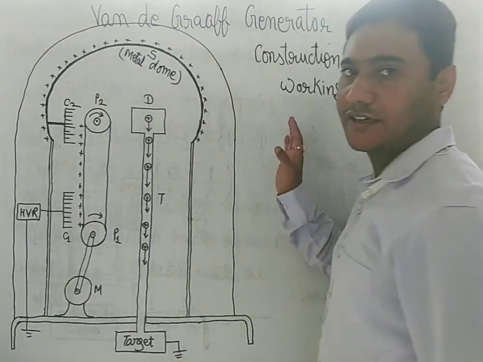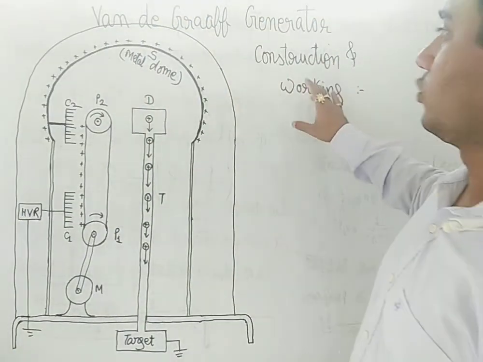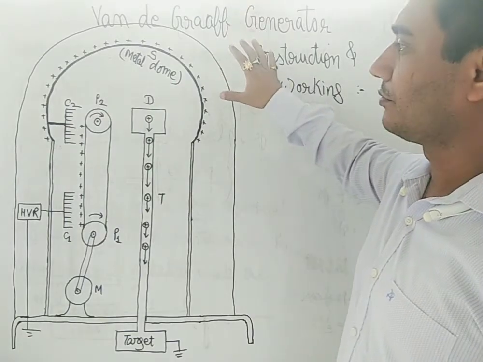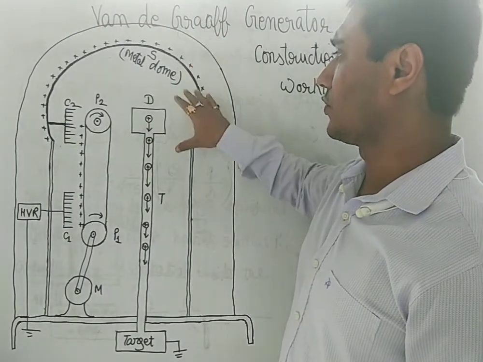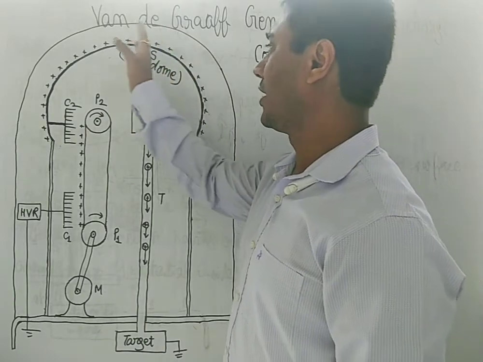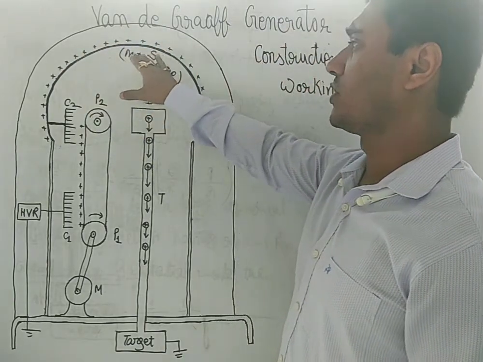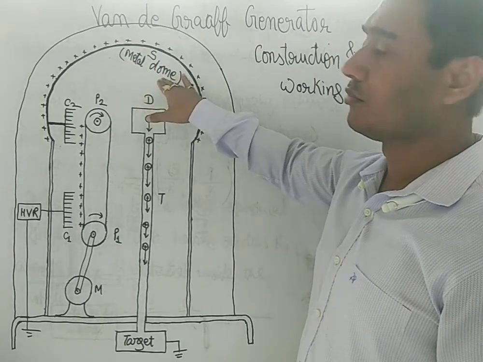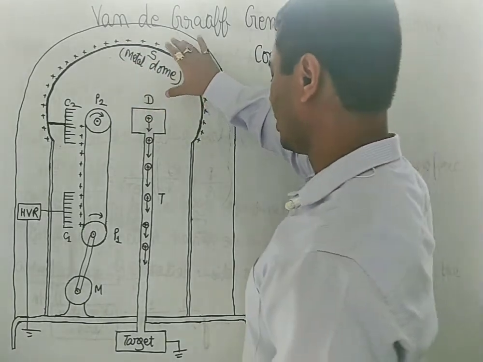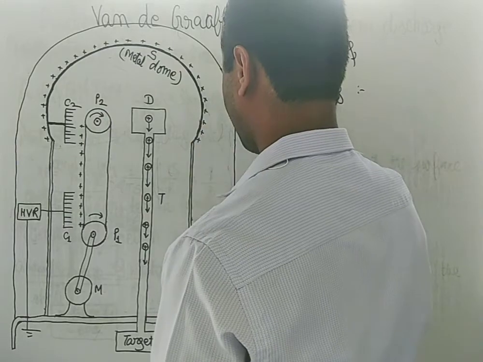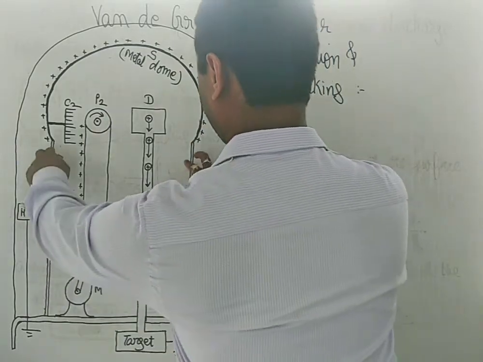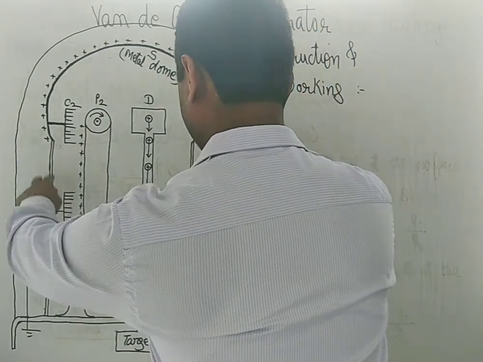Now let's understand the construction and working of the Van de Graaff generator. The Van de Graaff generator consists of a large, highly polished metal sphere S, which is also called the metal dome, and it is kept insulated from the ground with the help of insulating supports.